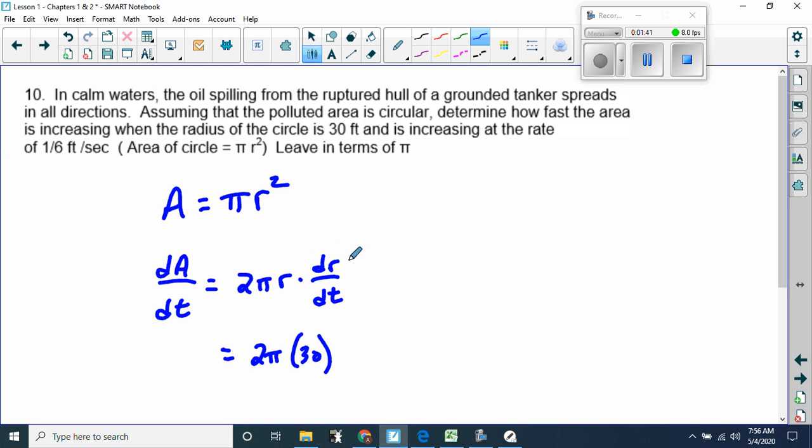And dr dt is the rate of change of the radius. It is getting bigger, so it's positive, and it's 1/6 foot per second. 30 times 1/6 is 5, times 2 is 10. So we have 10 pi. Units for dA dt would be units of area, which is feet squared, over units of time, which is seconds.